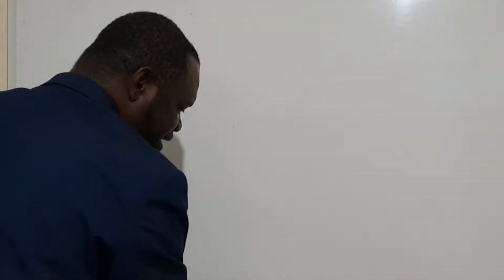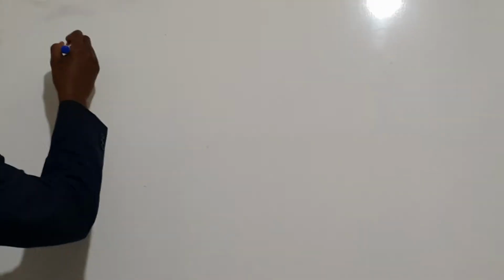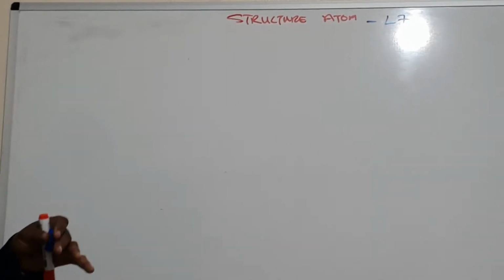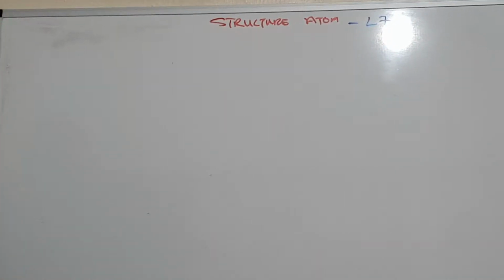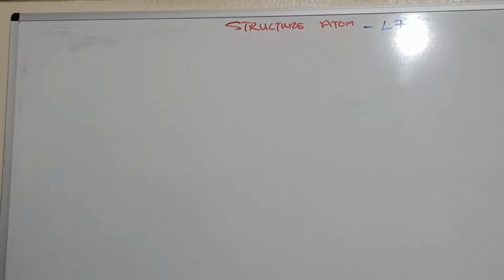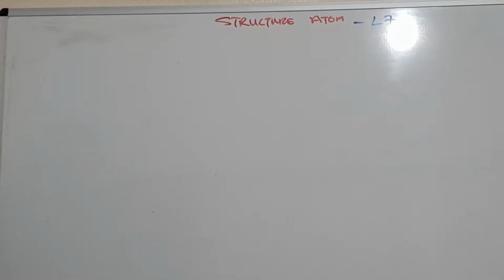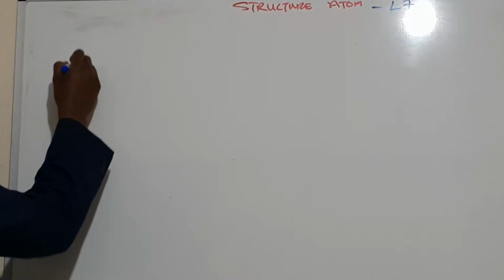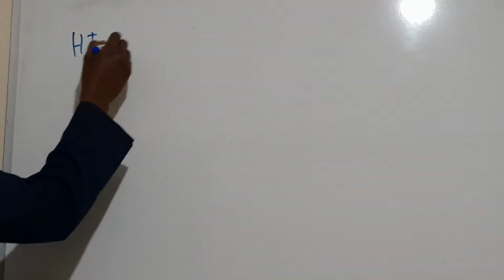Now my next topic is the ion. In all the compounds, like sodium chloride, calcium oxide, magnesium sulfide, they all have something in common: they all have ions. Like water, you have H plus and O2 minus in it.